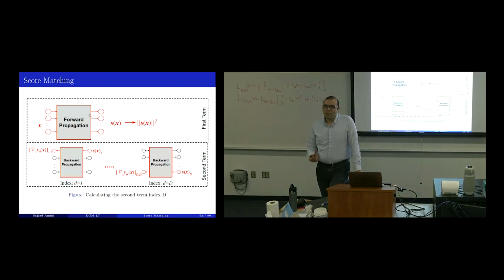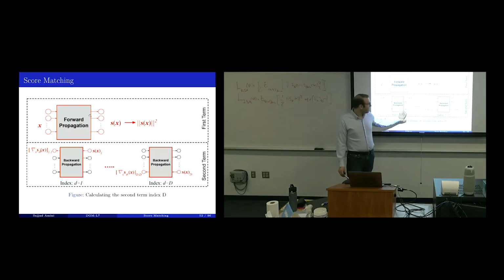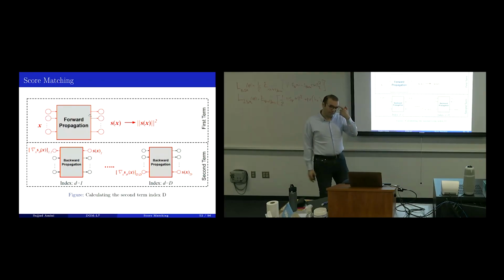It means that you need 1 million calculation of this type to just evaluate your loss. But you can do it in parallel. Yeah, you can do it, yeah. But there are lots of these operations. And that is, let's say, challenging.